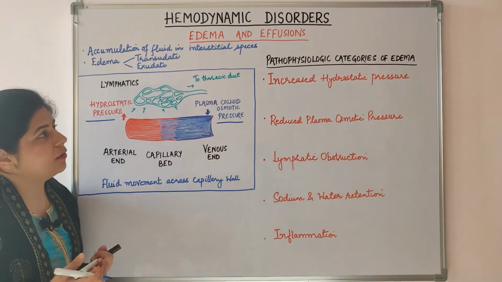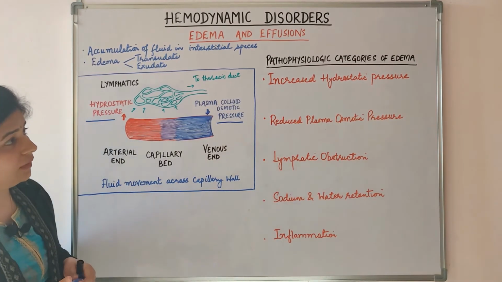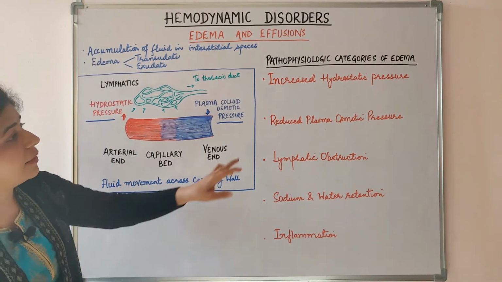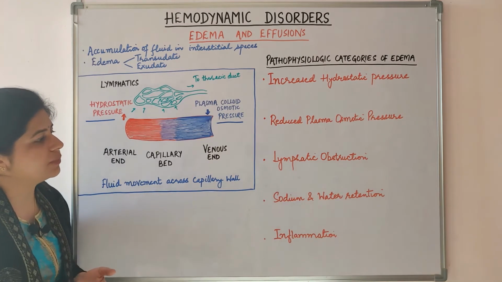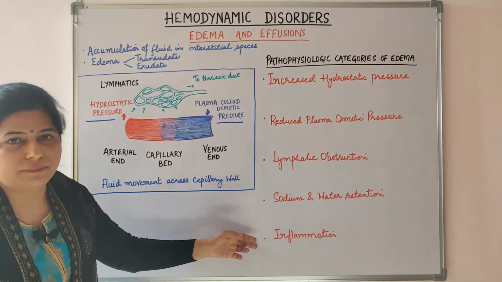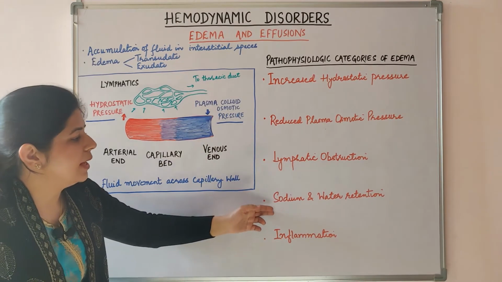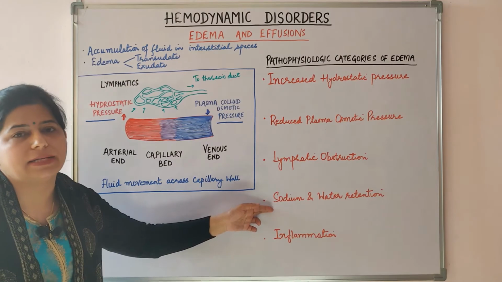So let us now discuss the pathophysiologic categories of edema. First is increased hydrostatic pressure, second is reduced plasma osmotic pressure, then lymphatic obstruction, and inflammation. These we have discussed. And the fifth one is sodium and water retention.